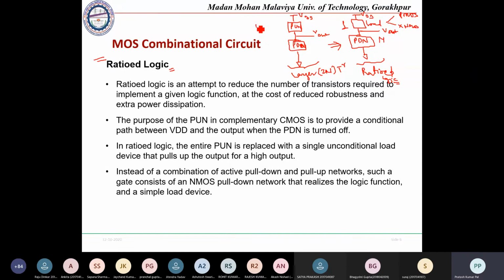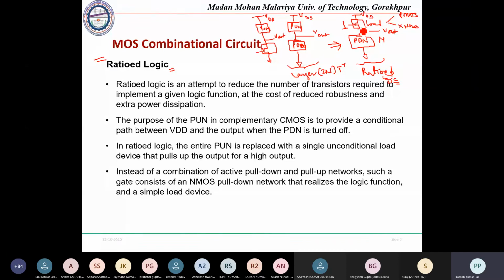Its opposite we can also see: instead of using just this one, we will be replacing the pull-down network also. In the pull-down network, we can implement it using a single transistor, and the pull-up network will be a complete combination of PMOS.